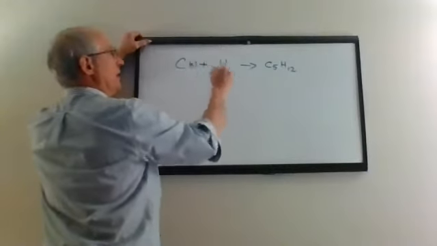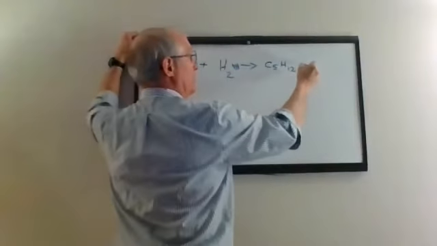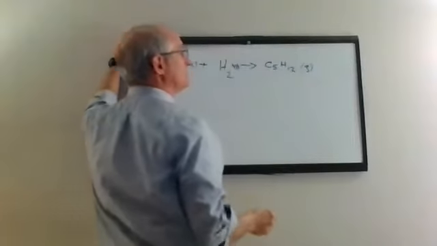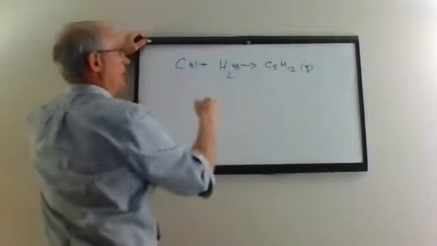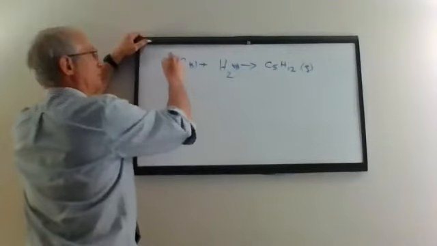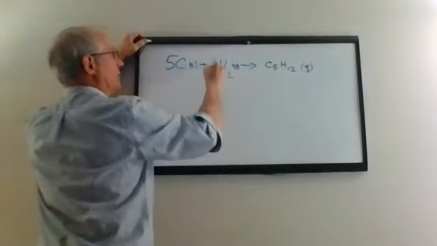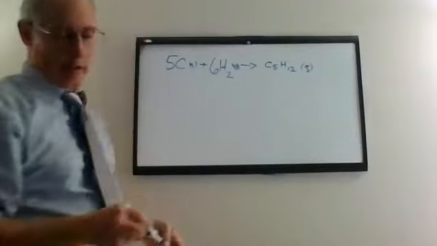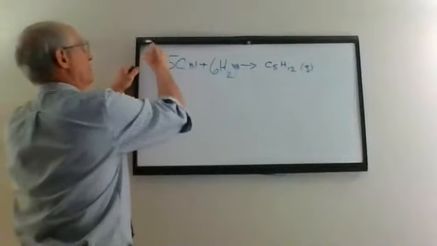Carbon's a solid, hydrogen's a gas at room temperature at standard states, and this is a gas. Okay, and 5 carbons, 1 carbon, 12 hydrogens, 2 hydrogens. That looks like the balanced chemical equation, and we call that our target equation.